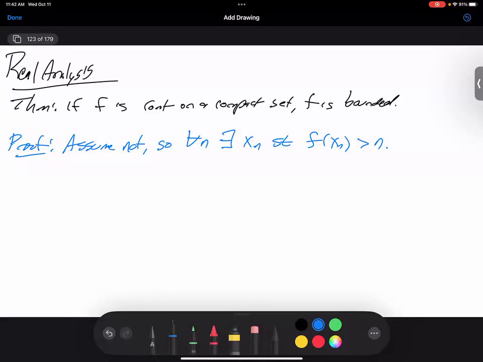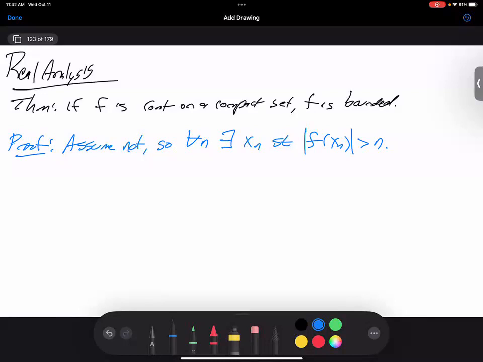There's a small mistake here. It's an absolute value. I could give you the function negative x squared. Negative x squared is not bounded, but it's not going to necessarily be greater than n. But the absolute value will clearly be greater. Okay, so I can just look at the absolute value of my function.